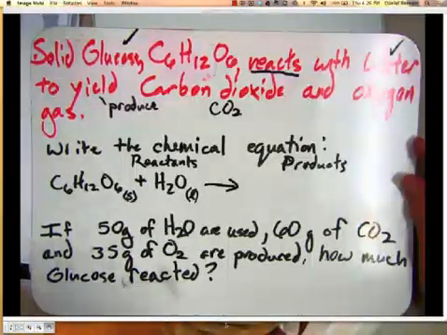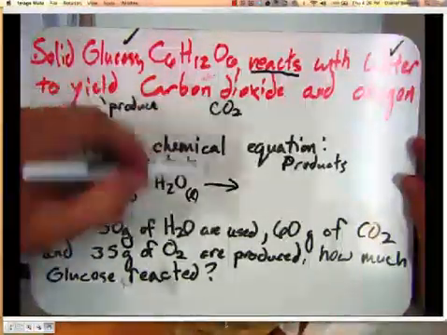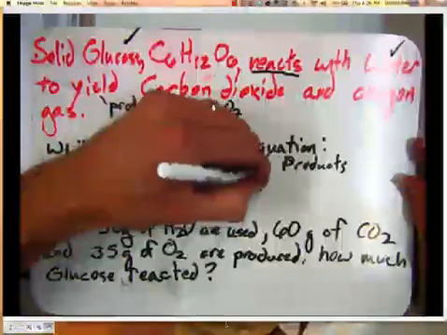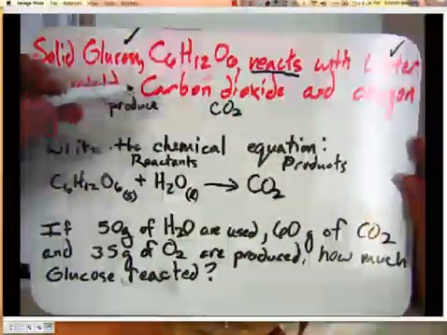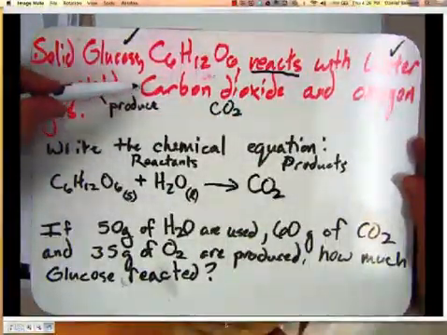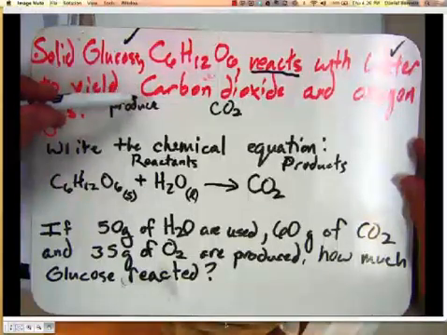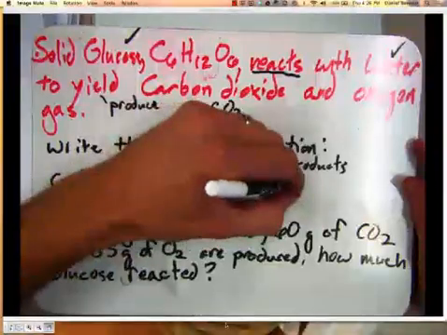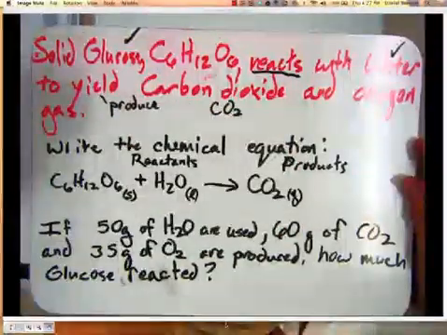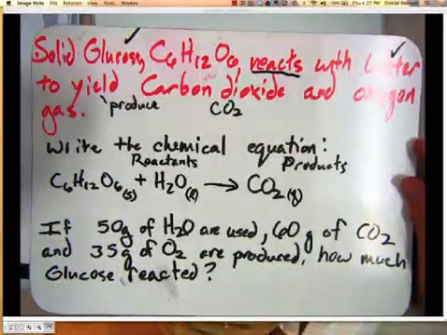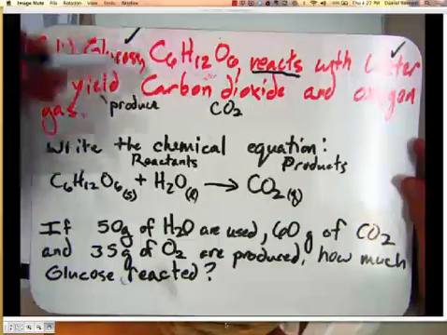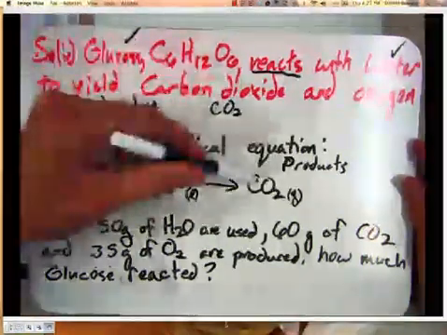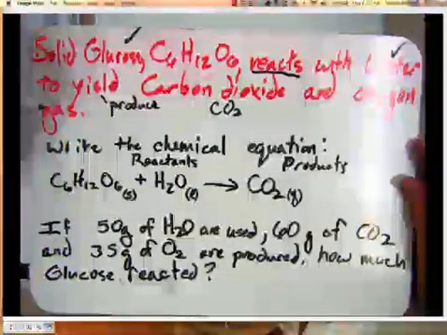So that CO2 I'm then going to put down here. Now it doesn't say what phase that's in either. It doesn't tell us what state of matter it's in. But carbon dioxide, I know at room temperature is a gas. So we're going to say it's a gas because I'm going to assume this took place at room temp or close to it. So it says to yield carbon dioxide, we've got that, and oxygen gas.